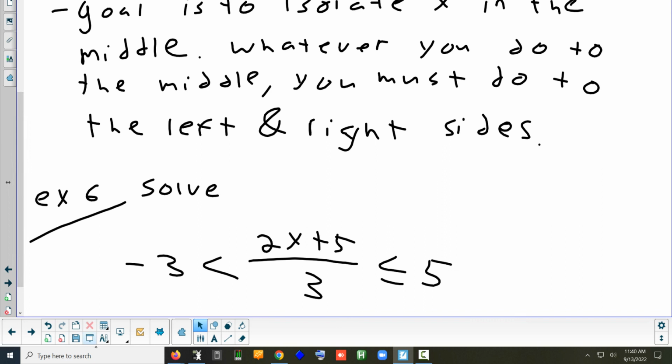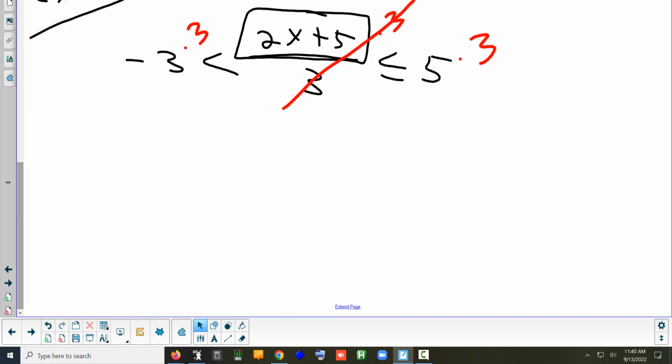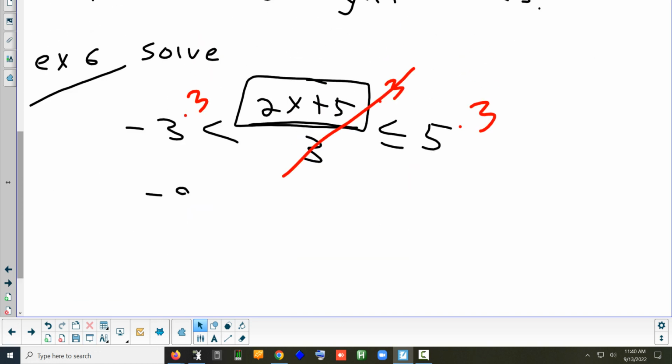And does anyone see the first step to start to get at least this part by itself? Yeah. Times 3. Yeah, I'm going to times 3. Times 3, times 3, times 3. That's good. And when I do that, Ian, can you tell me what I have? Negative 9 is less than 2x plus 5, which is less than or equal to 15.